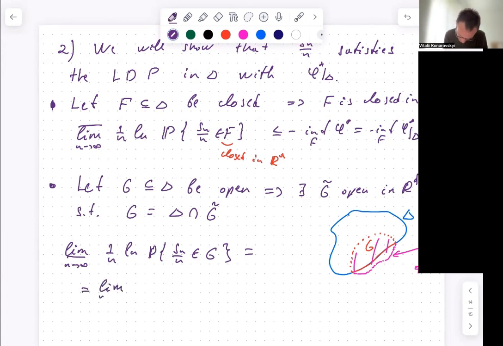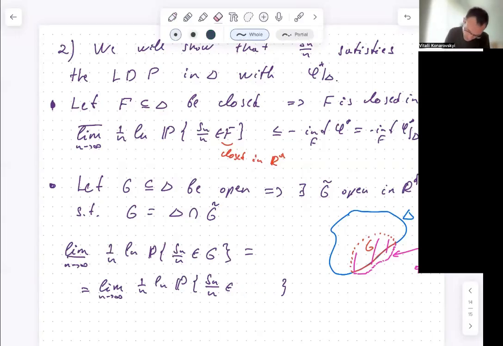Let's write here, n to infinity, 1 over n logarithm of the probability that S_n divided by n belongs to G intersected with delta, because you know that S_n divided by n belongs to delta also. Or maybe it's better to write immediately G tilde, right?